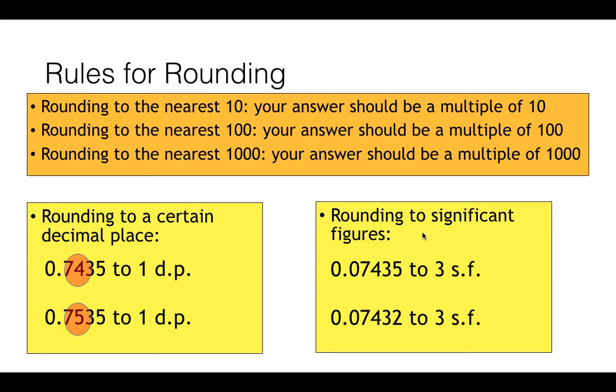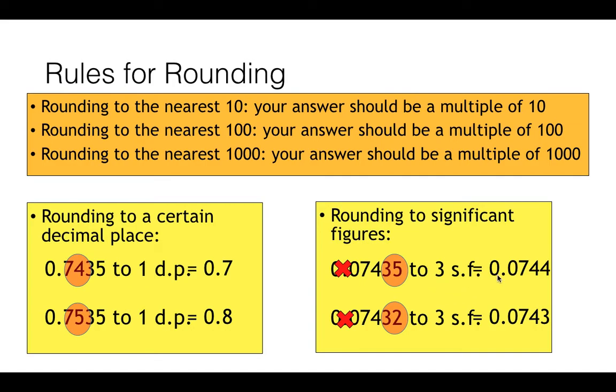If I'm rounding to significant figures, for example, 3 significant figures, remember in this one, I don't count these 2 zeros. So 1, 2, 3. And I'm interested in what this number here is after my 3 significant figures. So it's a 5, so I'm going to need to round up, and here it's a 2, so I'm going to need to round down.